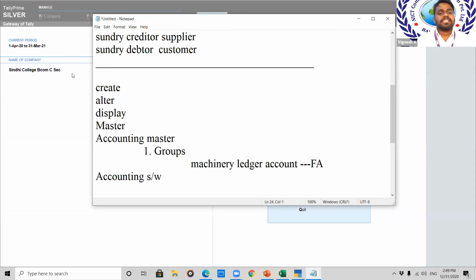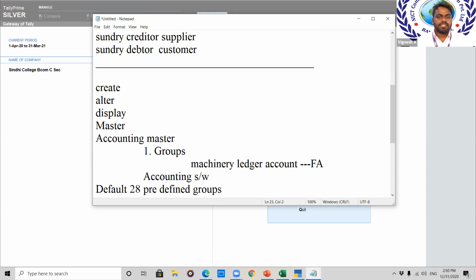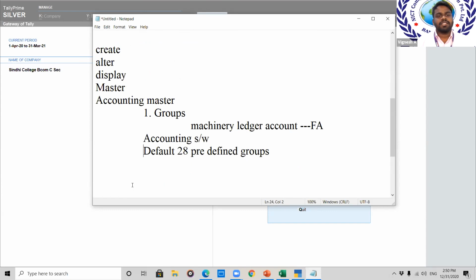So Tally is giving you by default 28 predefined groups. I'm repeating, carefully watch this. Tally is one of the accounting software and knows all norms and conditions of accounting standards. So it has created by default 28 predefined groups that you can use as normal accountants.